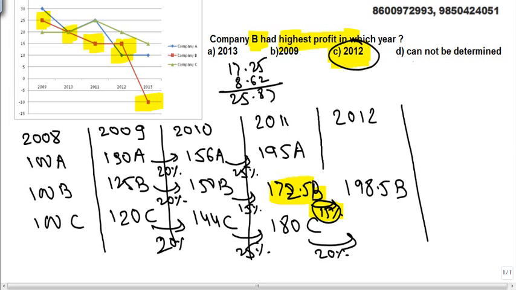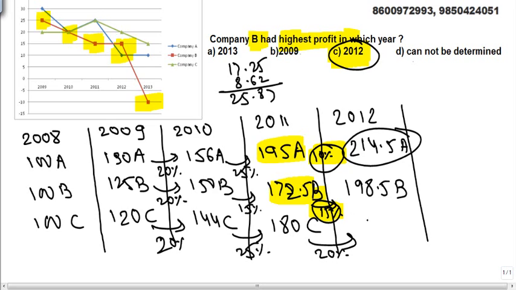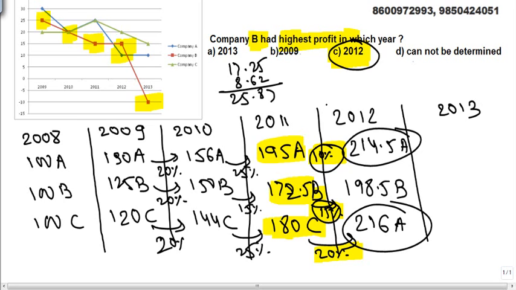A got increased by 10%. 10% of this is 19.5, so you get 214.5. For A's increase, B, C: 30%, 20% of this is 36. It becomes 216A.